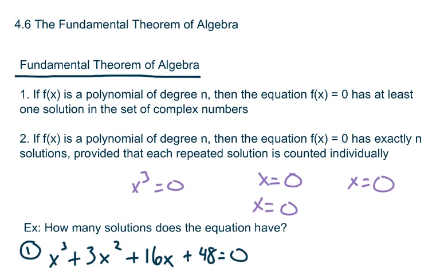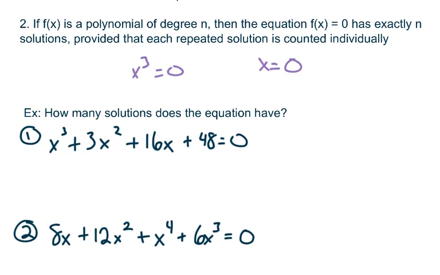The only place this crosses the x-axis is at 0. So if we counted these three zeros individually, then we would have three solutions. But since they're repeated, we only really focus on the one unique answer, x equals 0. So that's the fundamental theorem of algebra in a nutshell.